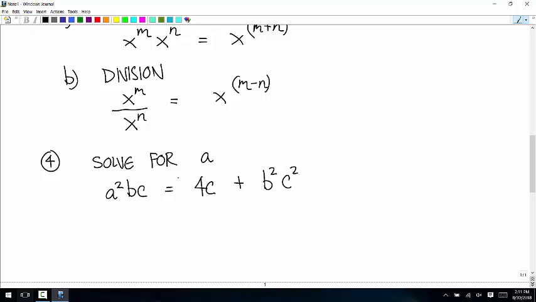Well, if we're solving for a, we want to get that by itself. So I'm going to divide both sides by bc. We get a squared is equal to 4c plus b squared c squared all over b times c.